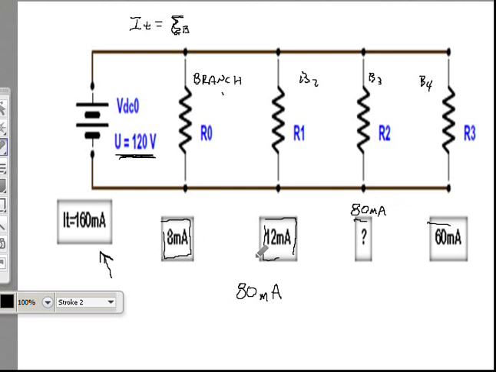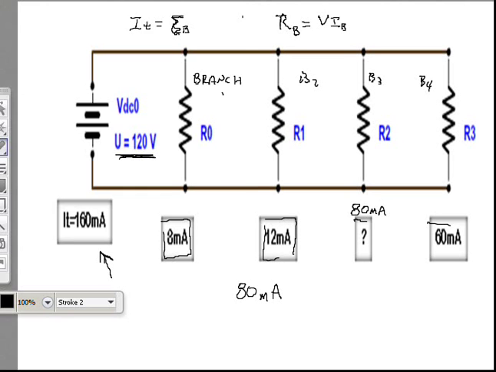From this information, we can now figure out what R0 is, what R1 is, what R2 is, just using Ohm's law. Because branch resistance is going to equal volts over branch current.